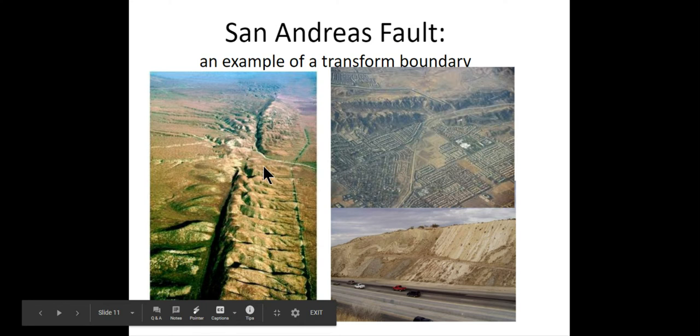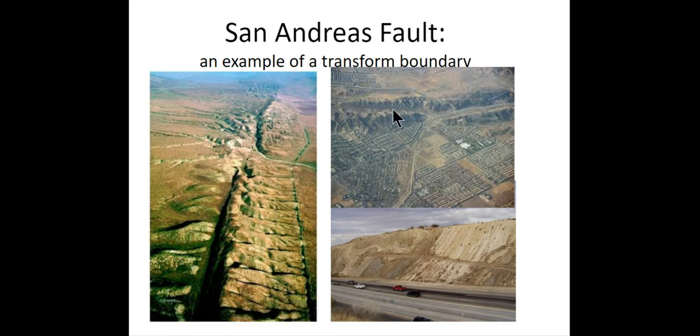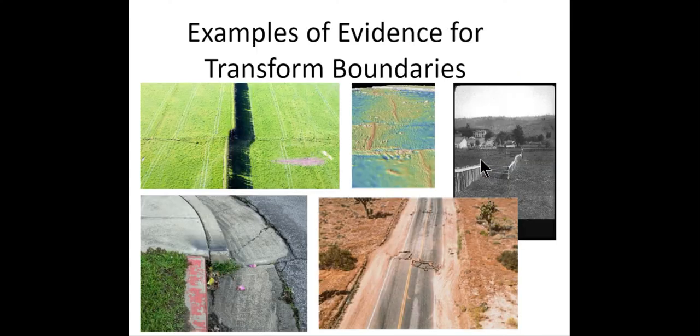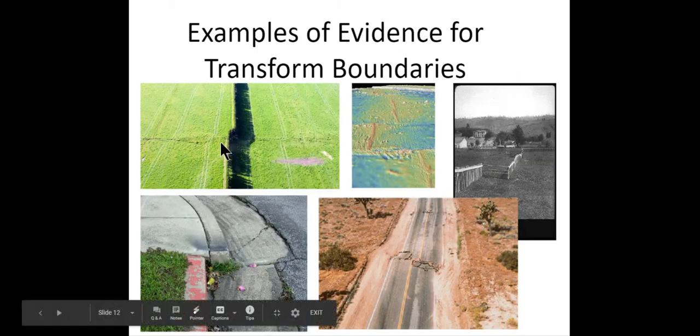These aren't really mountains, but the land has become so lumpy and distorted because of what's happened in these earthquakes. Here you can even see canals have been shifted, roads have been shifted, because these plates are sliding in opposite directions. They're trying to get past each other. This curve here is just completely misaligned.